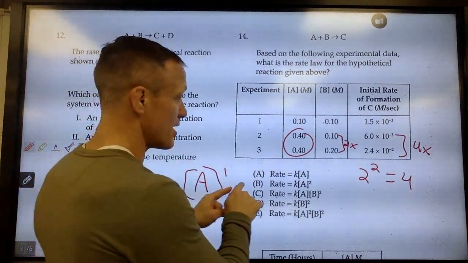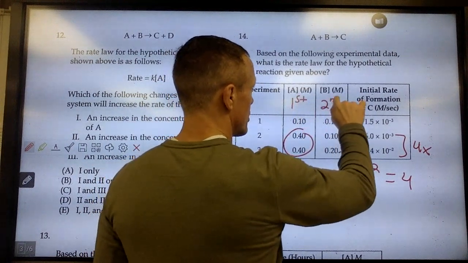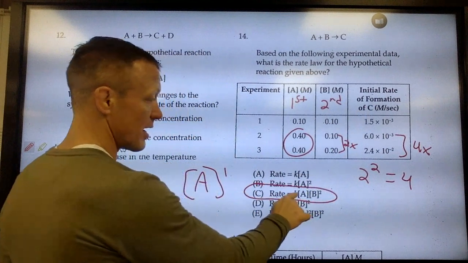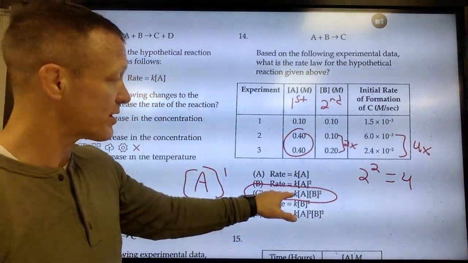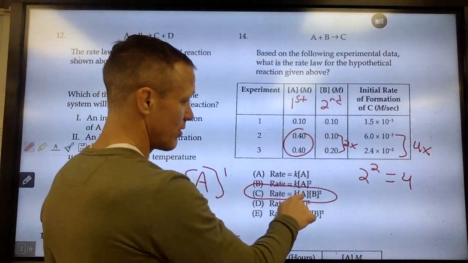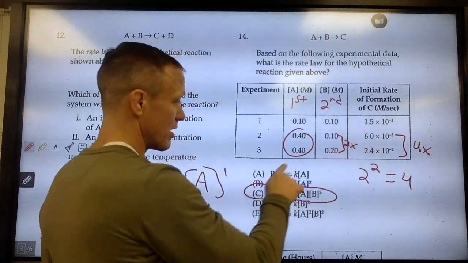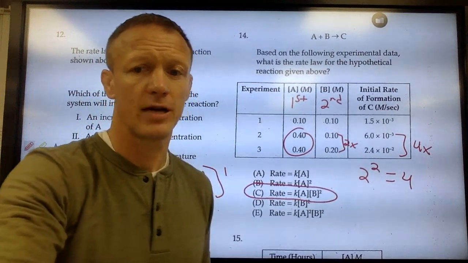So it is first order with regards to A, second order with regards to B. Our rate expression would be rate equals K, concentration of A, concentration of B to the second power. If we want to solve for this K value, I could plug in any of these values: put in 0.1 for A, 0.1 squared for B, put in this rate out in front, and solve for my K. All right, have a good day.